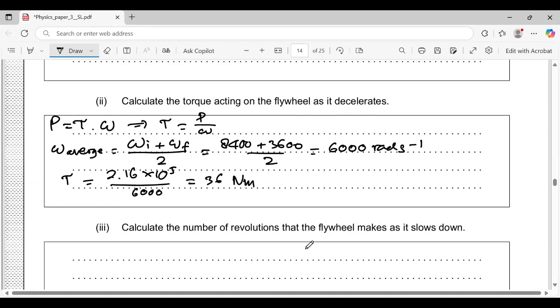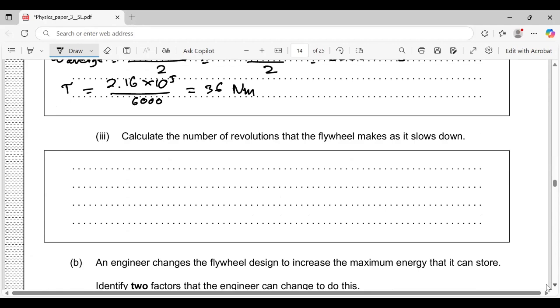Calculate the number of revolutions that the flywheel makes as it slows down. For this problem, I would like to use the formula theta equals the average angular speed times t.